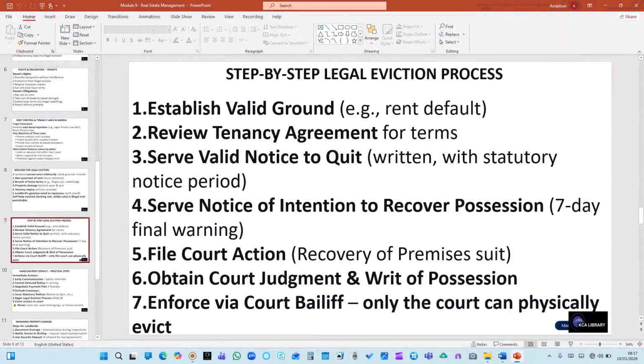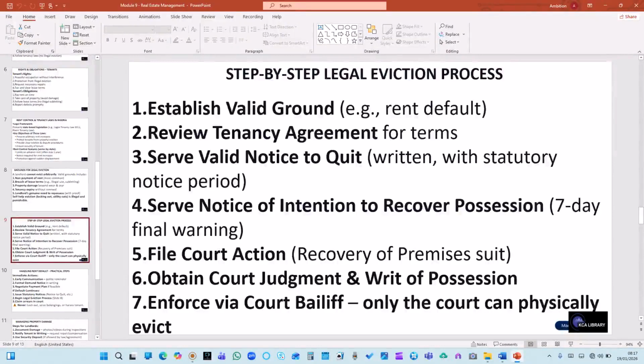Now let us look at the step-by-step legal eviction process. That is to say, the procedure to evict the tenant legally from the apartment which he or she is occupying. Number one, establish a valid ground. So for a landlord to evict a tenant legally, the landlord must first of all establish a ground, which is usually a rent default.